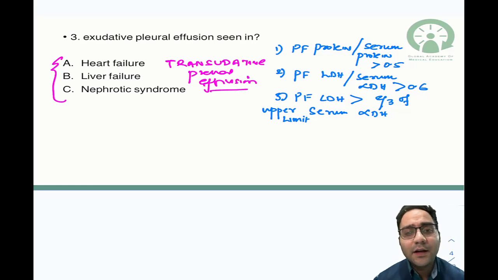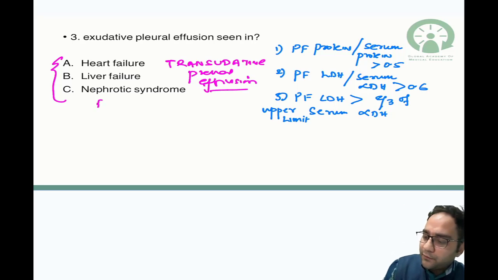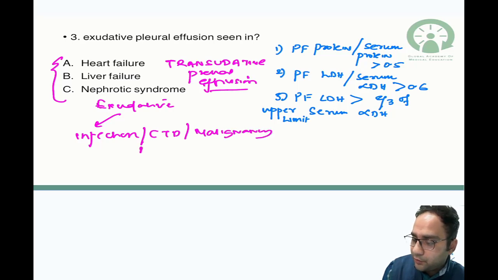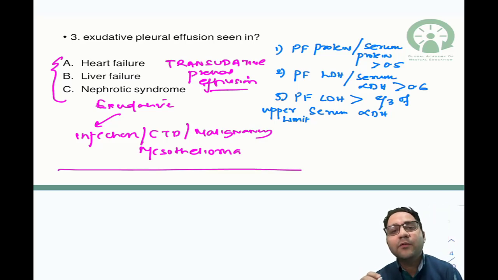Any option that would have been asked apart from this would have been your exudative pleural effusion, right? It is seen with infection, connective tissue disorder, malignancy, mesothelioma. All these are causes of exudative pleural effusion.